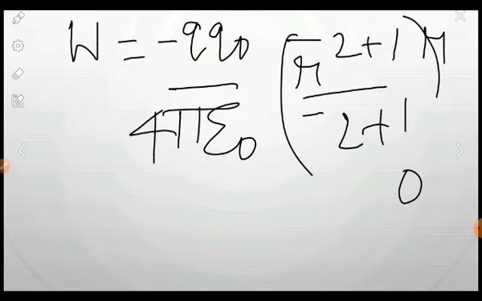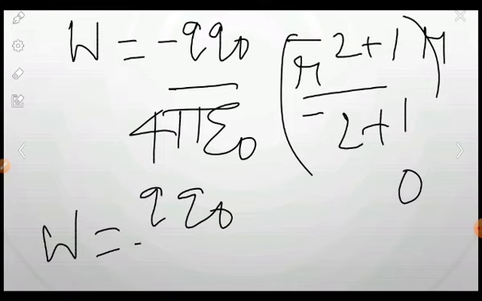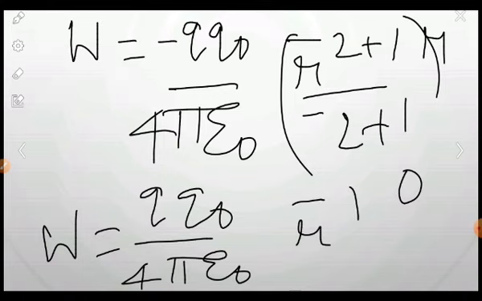So here you will have W equals, we have a minus 1, minus multiplied by minus will be positive, Q naught by 4 pi epsilon naught r to the power of minus 1, and the limits are 0 to r.